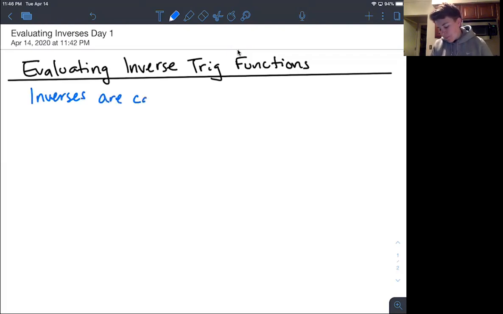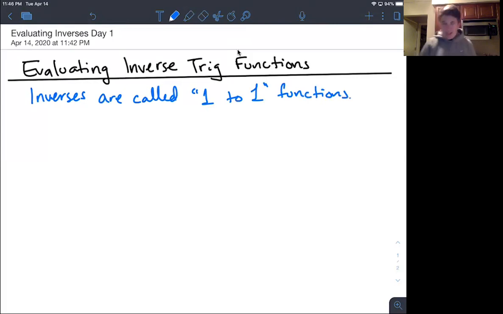There's a term for this. Inverses are called, I don't know if you remember this term, one-to-one functions. You don't necessarily have to write all of this down, this first little bit is just a recap.